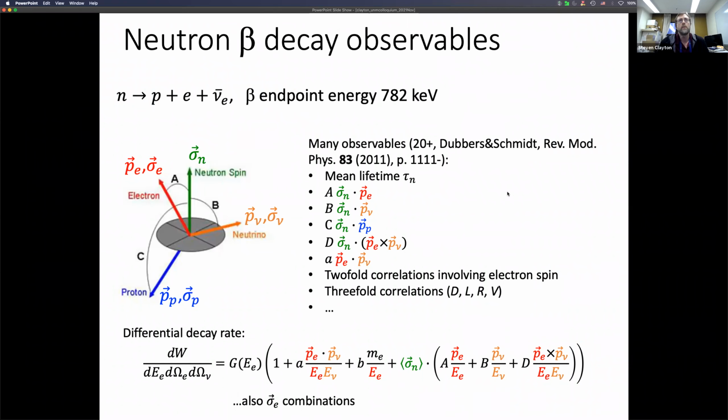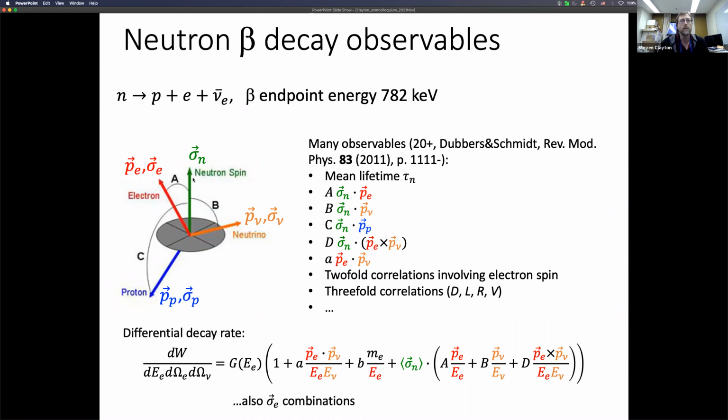So just going forward with these kinds of asymmetries, there are a number of neutron beta decay observables that you can consider. There's a good review in Reviews of Modern Physics from Dubbers and Schmidt about this. One of the key observables would be the mean lifetime, just the average lifetime before it decays. In addition, you can form many different combinations of the various vectors involved in the problem.